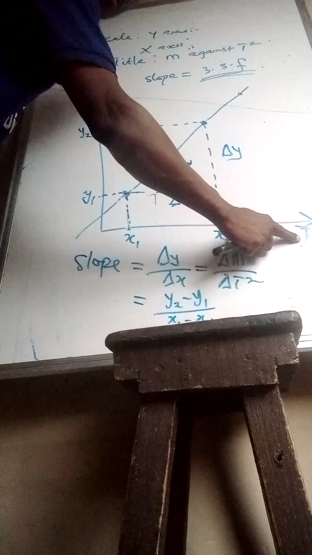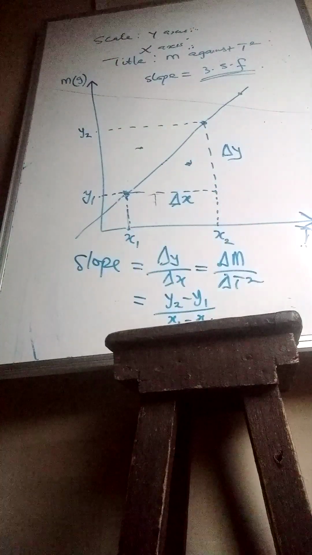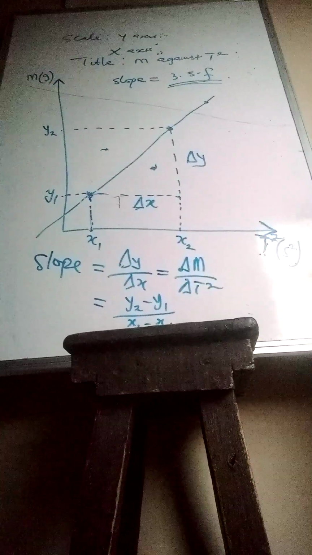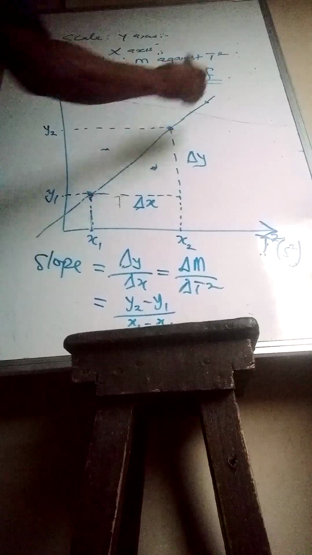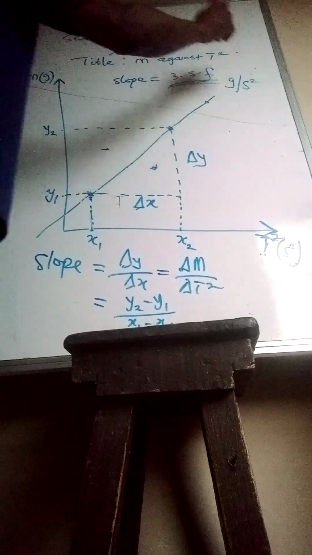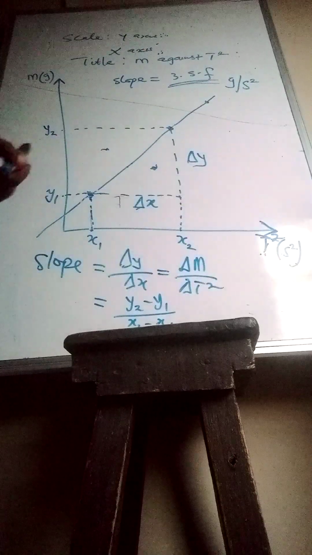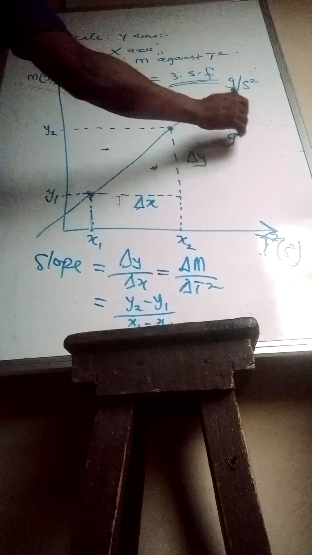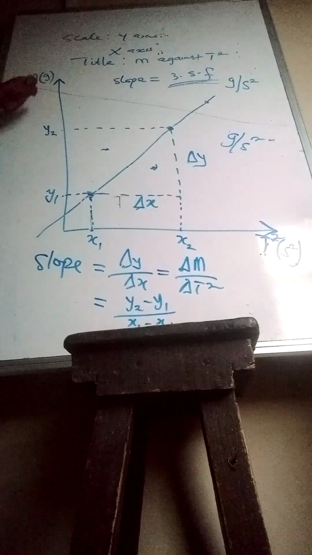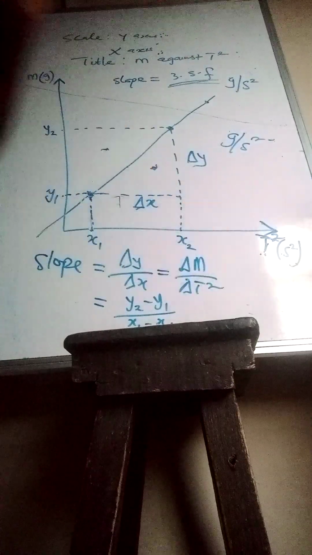T square is on the horizontal, which is in seconds square. That means the slope will be grams per second square. Grams from the vertical, second square from the horizontal. That will now be the unit for the slope in this assumed graph.